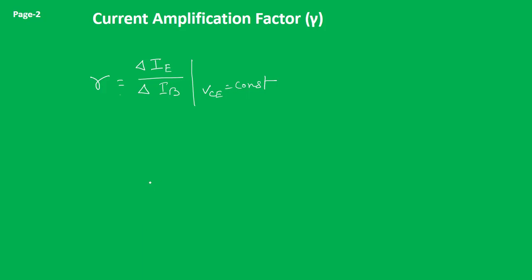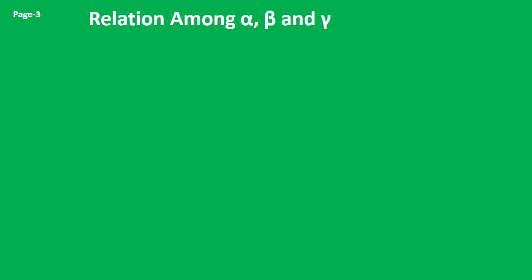So that means it is quite natural that alpha, beta, gamma, they are related with each other. Now let us explore the relation among alpha, beta and gamma. So earlier we have seen that gamma is given as delta IE divided by delta IB.